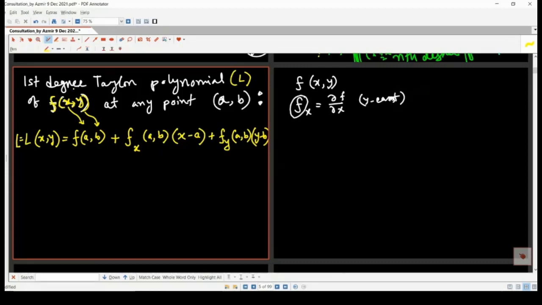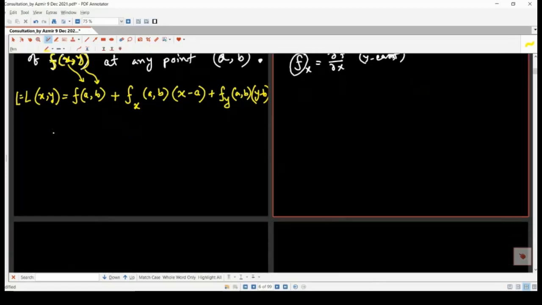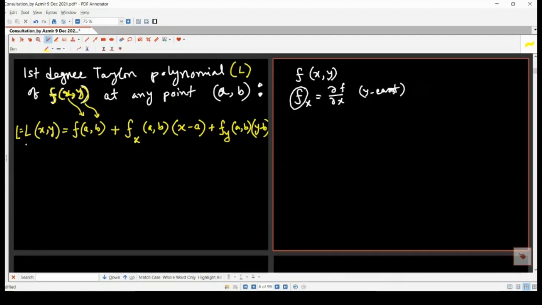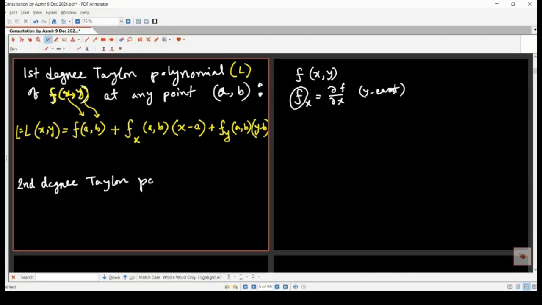It is for first degree Taylor polynomial, or we can say it is L. So let us write the second degree Taylor polynomial of f of x comma y at any point a comma b.